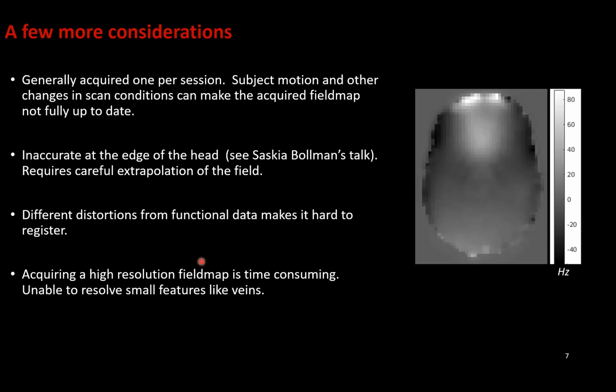That's important because it might miss some really small features which are important to us, for example being unable to resolve signal from veins. We care about veins here. I hope everyone here cares about veins. That's important because there's iron in hemoglobin, so you're not going to be able to.